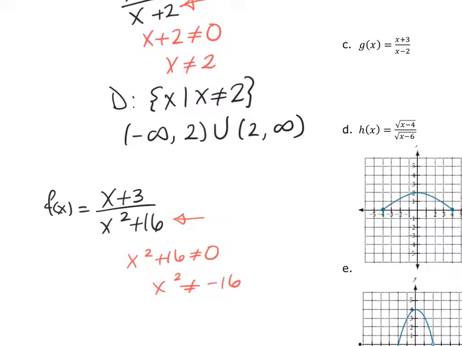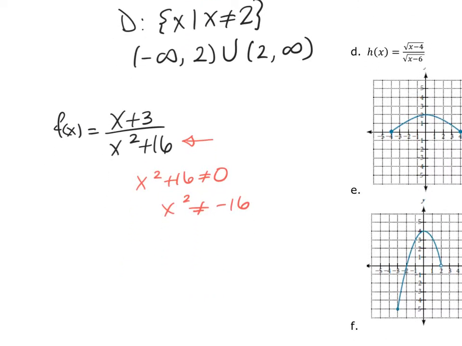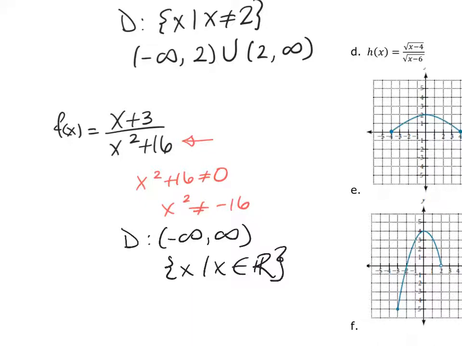And what we have is x squared cannot equal negative 16, and that's a true statement. And I'm not going to do anything else to it. It's a true statement because x squared is never going to equal a negative number if you're in the land of real numbers. So because that's a true statement, I can't really solve, which means that this has a domain of everything. x is an element of the reals.